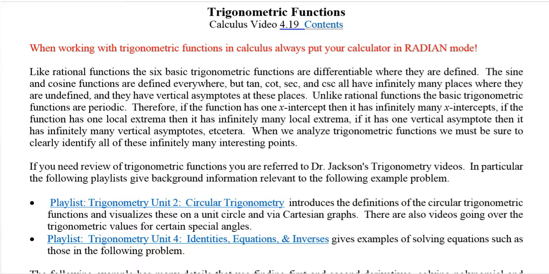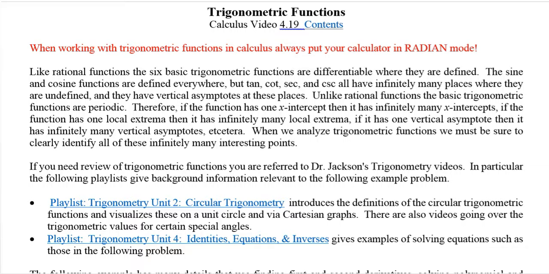So anytime you have something that goes in a cycle, whether that's the number of hours of daylight on a particular 24-hour period, or seasonal sales of some item, whatever it might be, or waves, which also come in cycles, anything like that that has a cycle to it is going to be periodic in nature, and we can use trigonometric functions then to model these real-world phenomena with periodic behavior.